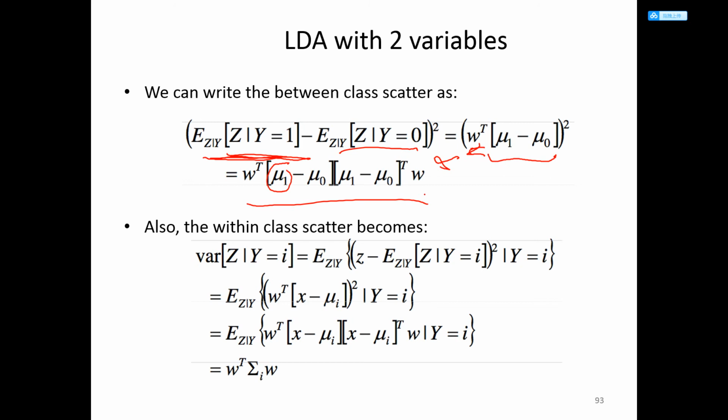And then the within class variance, let's say just for class i, I have this expectation of x minus this mu i given y equal to i. You see this projection here, I can pull it out of the expectation. If I pull it out, the thing inside is just the variance of that class. So the variance is just equal to this here.